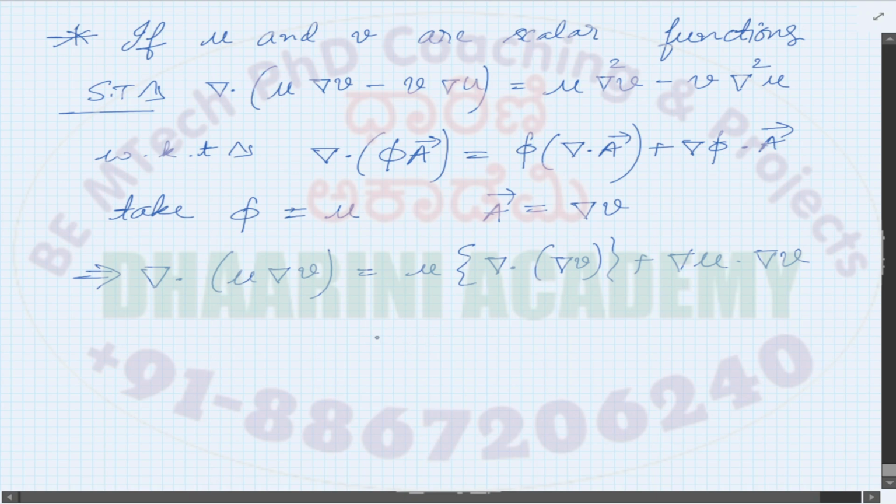So I can write this as u times del dot del v, which is del square v, plus del u dot del v.